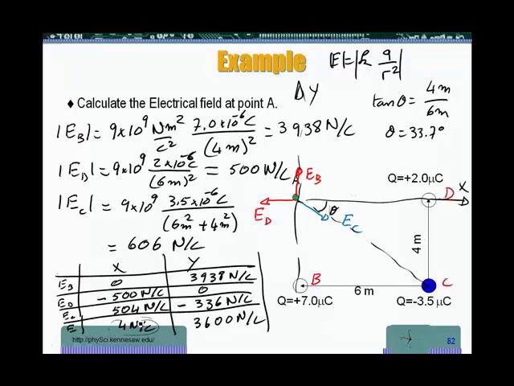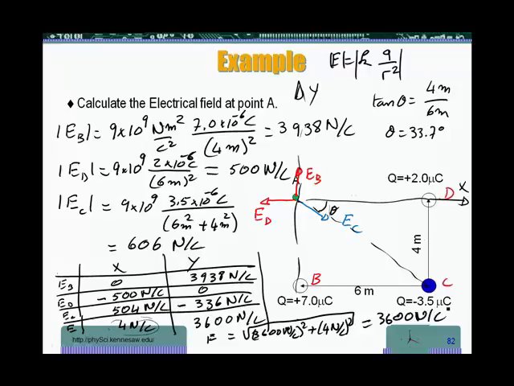The magnitude of that electrical field is going to be the square root of 3600 newtons per coulomb squared plus 4 newtons per coulomb squared. So that comes out to be 3600 newtons per coulomb. That's the magnitude.